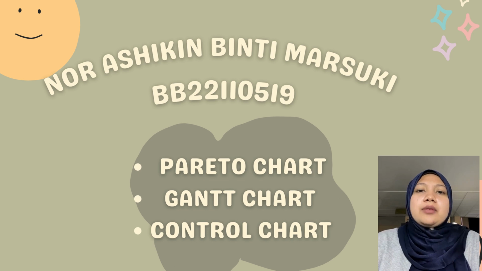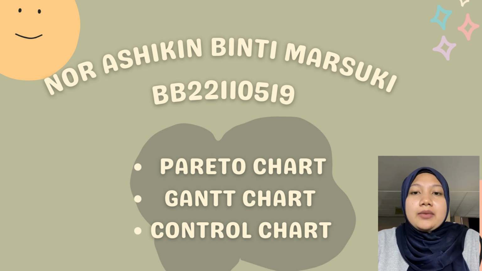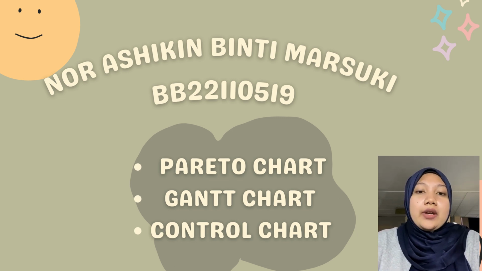Before we start, let me briefly explain what each chart is used for. The Gantt chart is used for planning and scheduling projects. It shows tasks along a timeline so we can easily track project progress and deadline. The Pareto chart is used for identifying the biggest cause of problem.